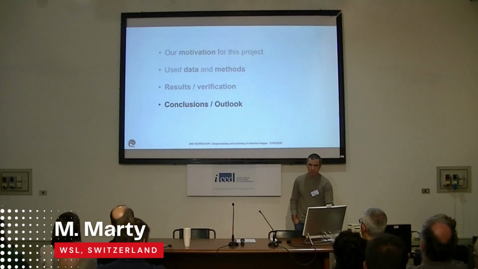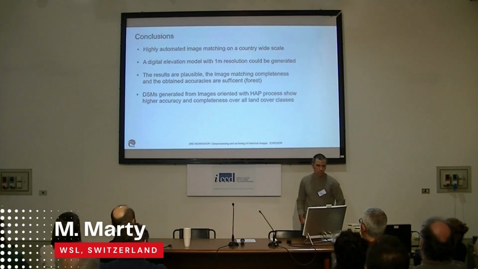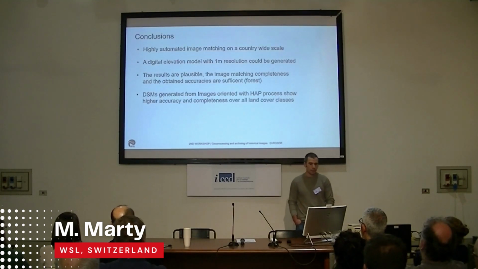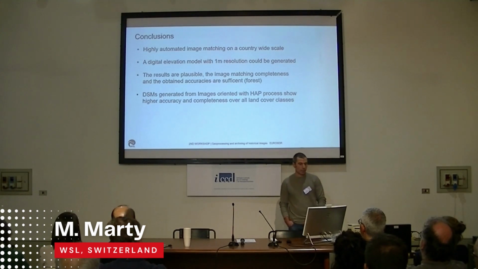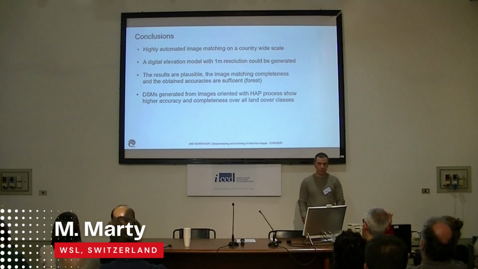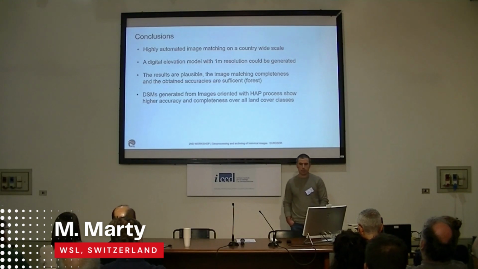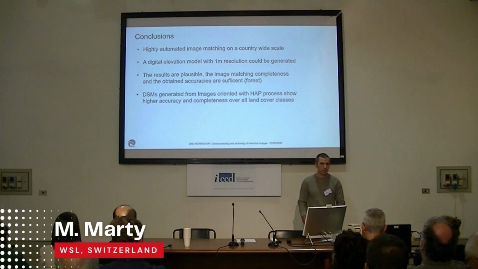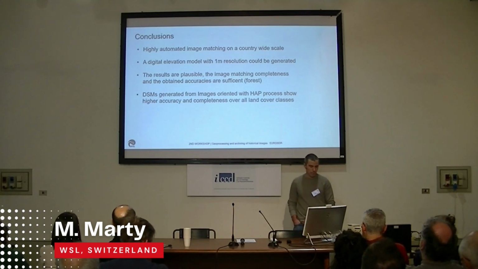So I come to the conclusion and the outlook. We could elaborate a highly automated image matching workflow to generate digital elevation models with a 1 meter resolution for the whole country out of these historical images. The results are plausible and the image matching completeness and the obtained accuracies are sufficient, at least for our forest applications.